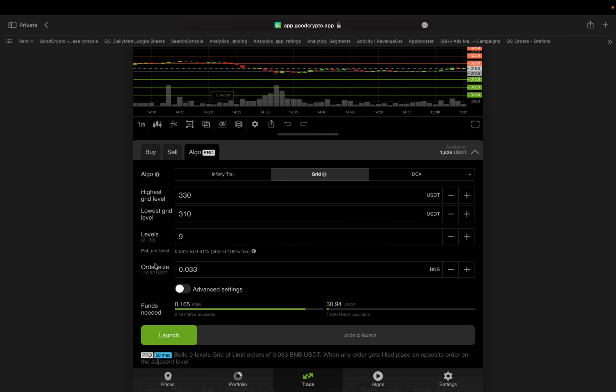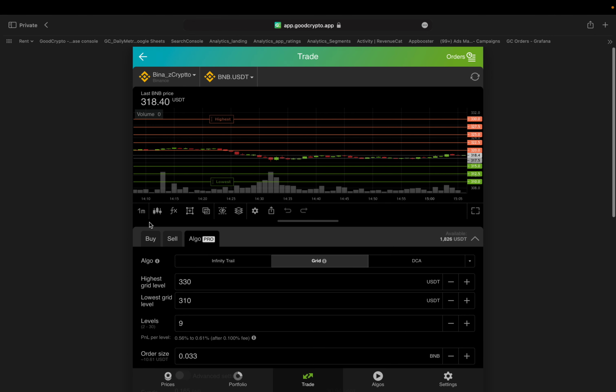And here is a trick, or a difference, or important thing to remember. At least at the moment, if you trade with grids on spot instrument in the GoodCrypto app, you have grids, kind of vanilla grid, which has orders both above the market price and below the market price, meaning you will have sell orders here and buy orders here.